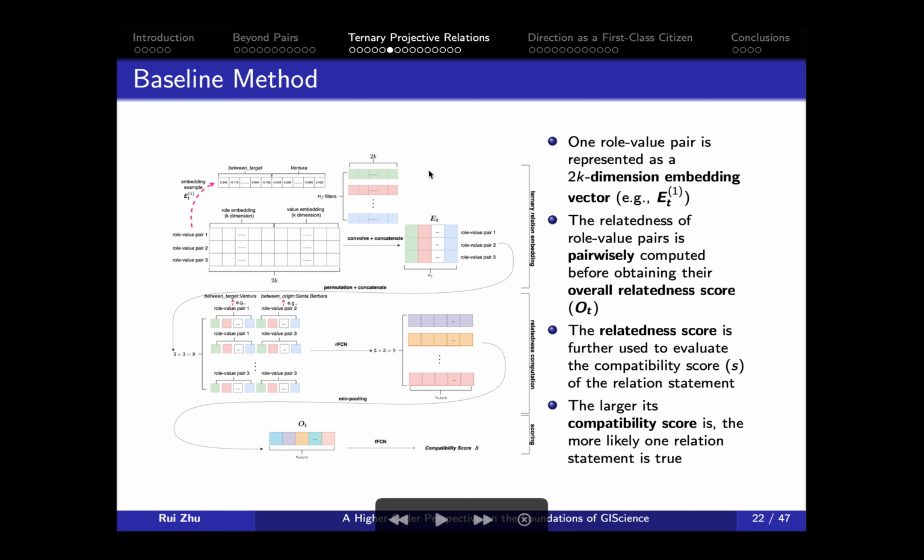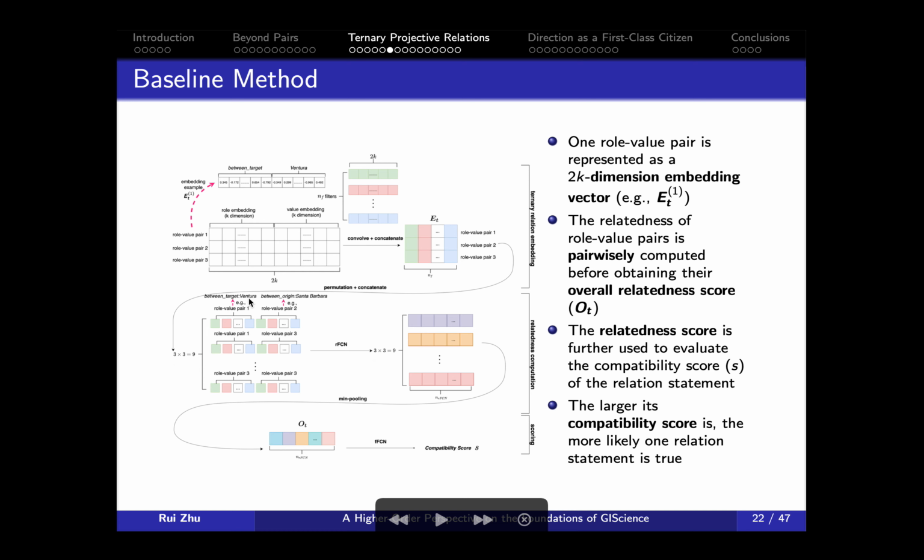Using the embedding, we then compute the pairwise relatedness score of the 3 role-value pairs in a relation. For example, the relatedness of between target Ventura and between origin Santa Barbara will be computed here, and the same for all other possible pairwise combinations.